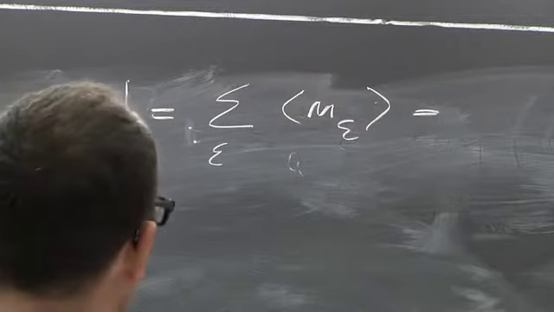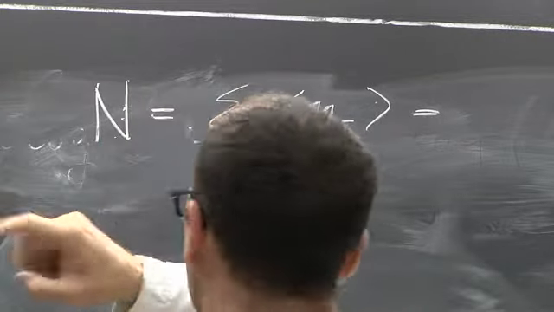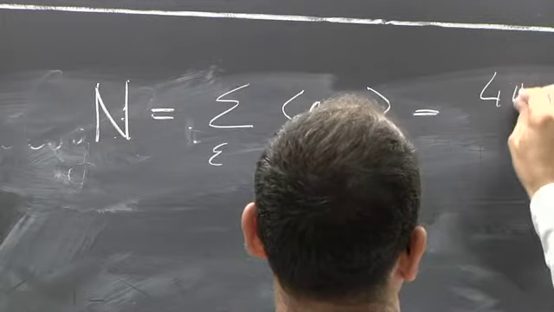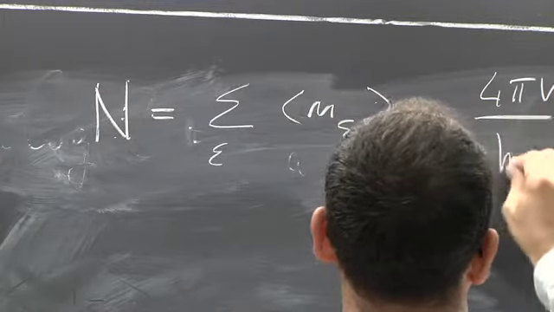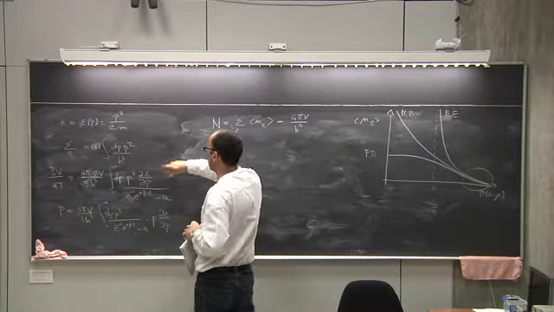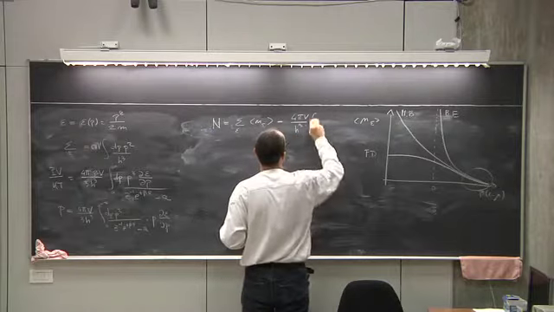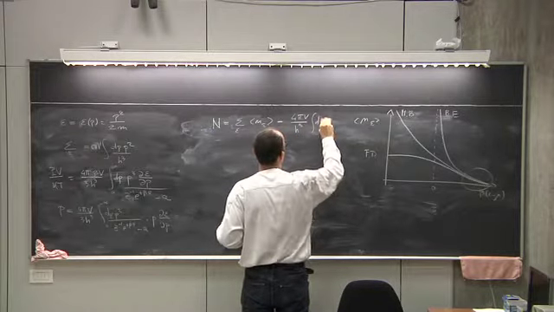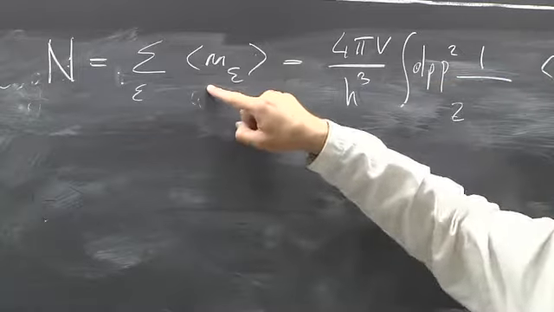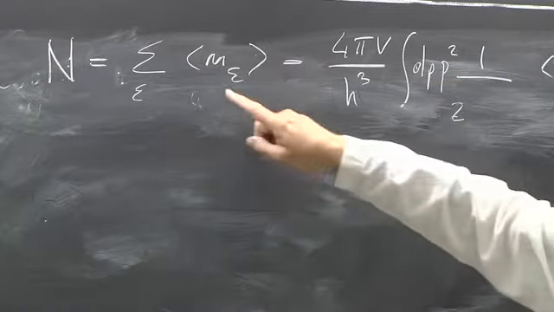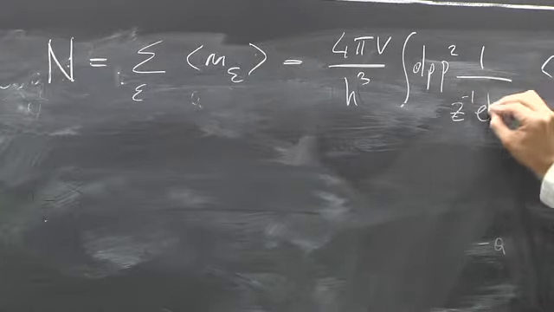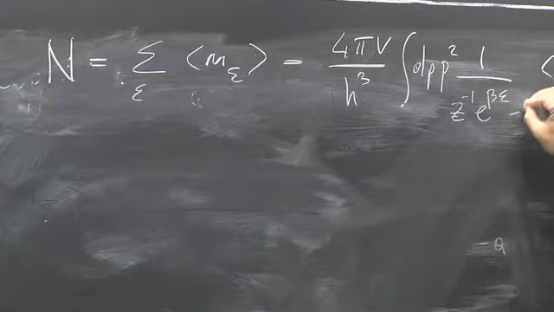And if you do again the change of variables in this manner, you find that this is 4 pi V over h cubed times the integral dp of p squared, and here you have the average number of particles in energy level epsilon, which is 1 over z to the minus 1 e to the beta epsilon minus a.